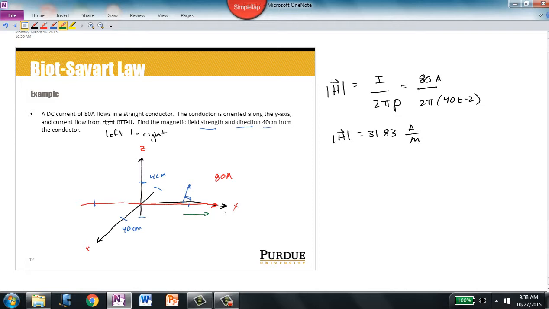In this case, what we would see is that above the conductor, the magnetic field is pointing out of the screen, and below the conductor, the magnetic field is pointing into the screen. Right? On this side of the conductor, on the outside edge of the conductor, the magnetic field is pointing down, and along the negative x-axis, the magnetic field of the conductor is pointing up.